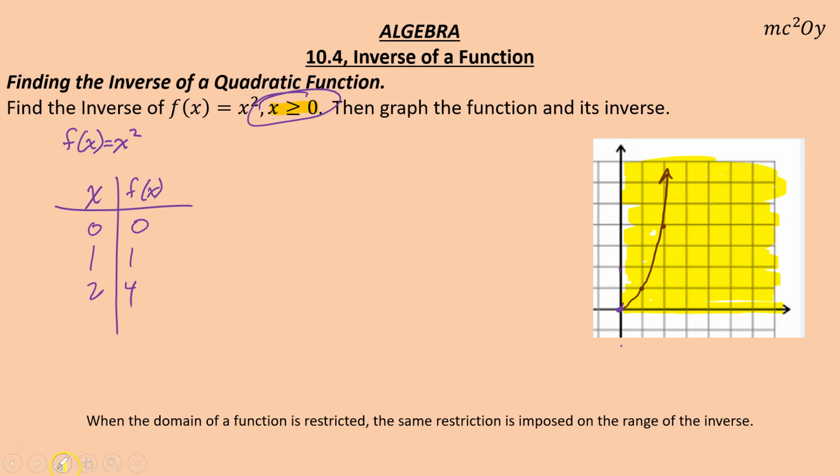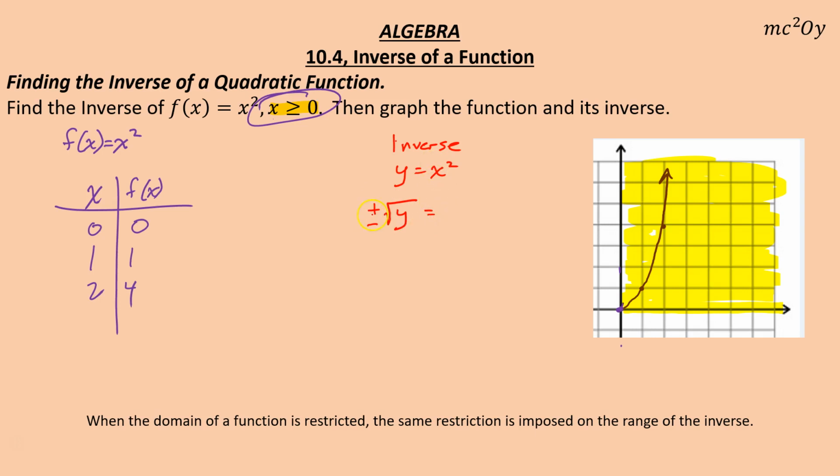Well, let's look at its inverse. The inverse of f of x equals x squared. The first thing we have to do for the inverse is write it as y equals x squared. We're going to solve for x, so we take the square root. We get plus or minus the square root of y.